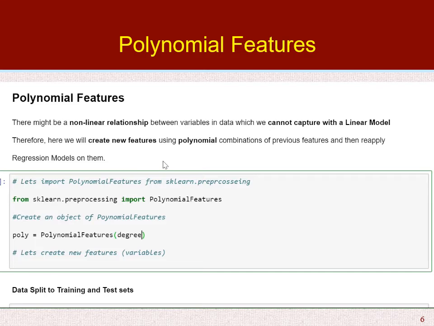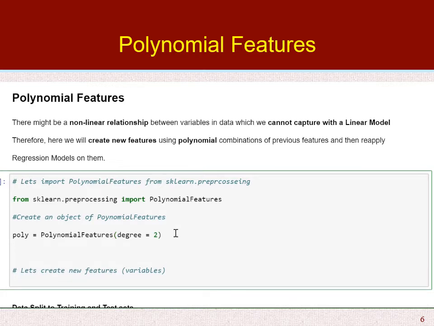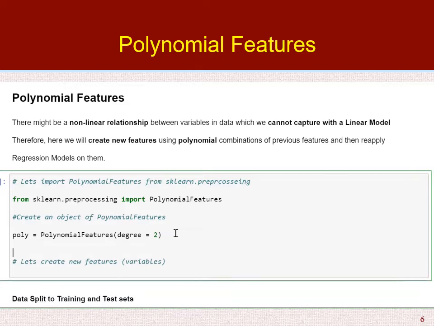I'm going to use degree 2. You can use higher degrees, but you need to know that higher degrees is going to generate more features, and it's going to probably blow up your data. So you have to be careful, but you can play around with this.